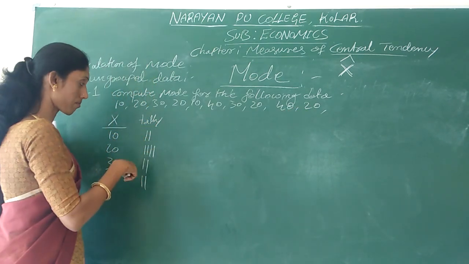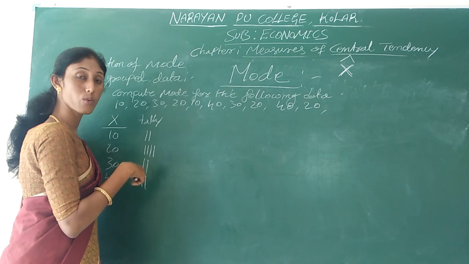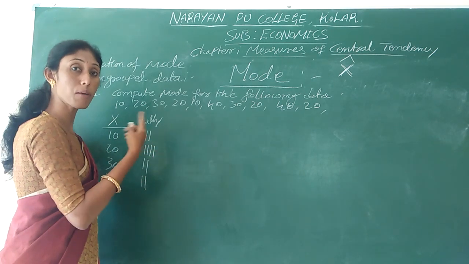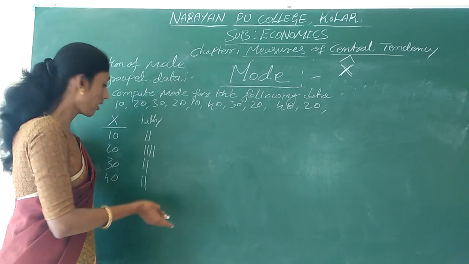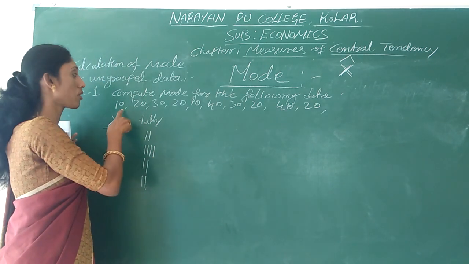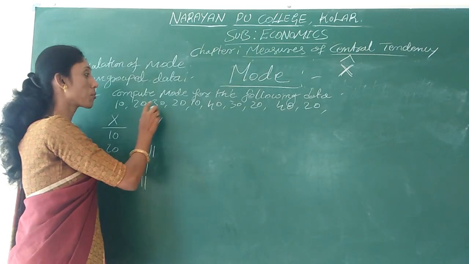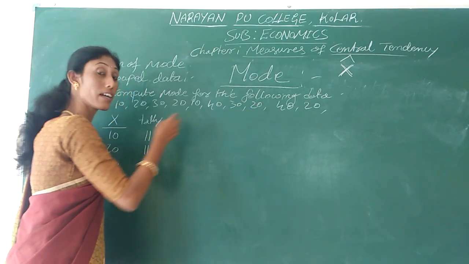See, by making a tally bar, we can easily guess which value is going to appear more number of times. Yes, see, 10 has appeared 2 times. Then 20 has appeared 4 times in the data.